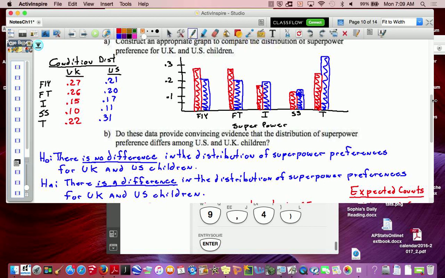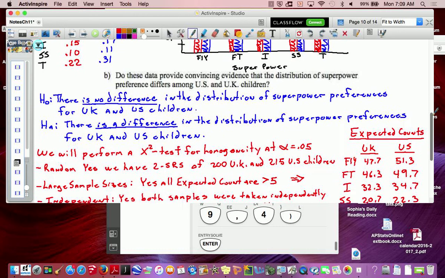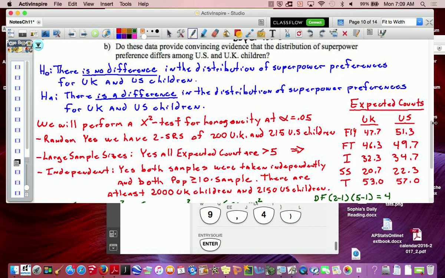Now, our plan: we're going to do a chi-squared test for homogeneity at the 5% significance level. Is it random? Yes, they took two simple random samples, 200 UK students, 250 US students. Large sample sizes, all expected counts are greater than 5.